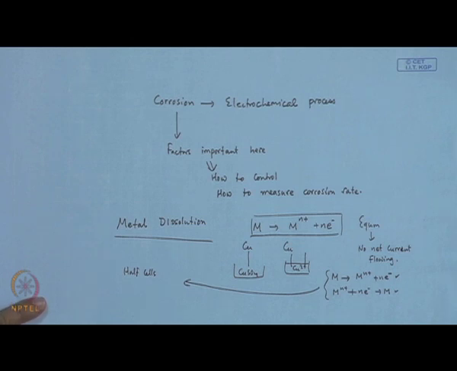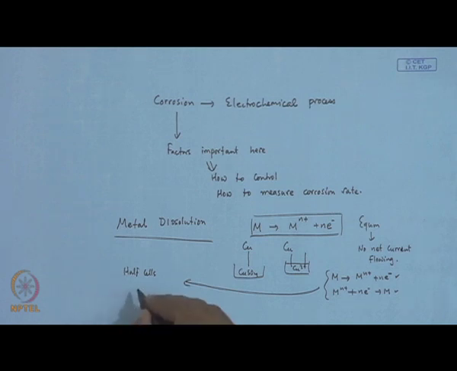Okay. So, these individual reactions are called half cell reactions as they produce or consume electrons. One of them will produce electrons and the other will consume them.